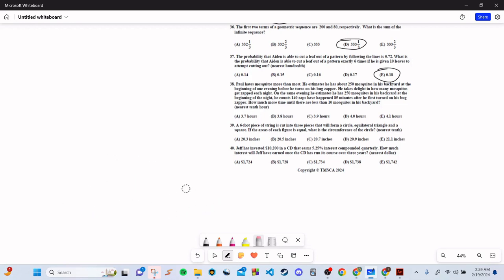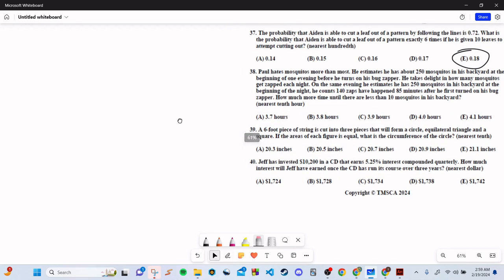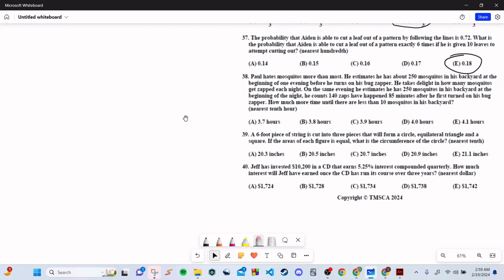Okay, so 38. Paul hates mosquitoes more than most. He estimates that there are 250 mosquitoes in his backyard at the beginning of one evening before he turns on his bug zapper. He takes delight in how many mosquitoes get zapped each night.